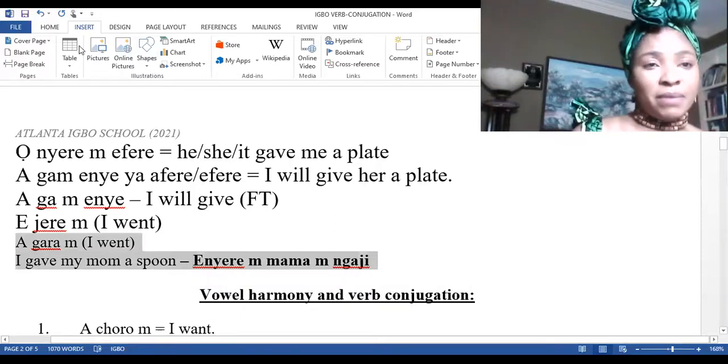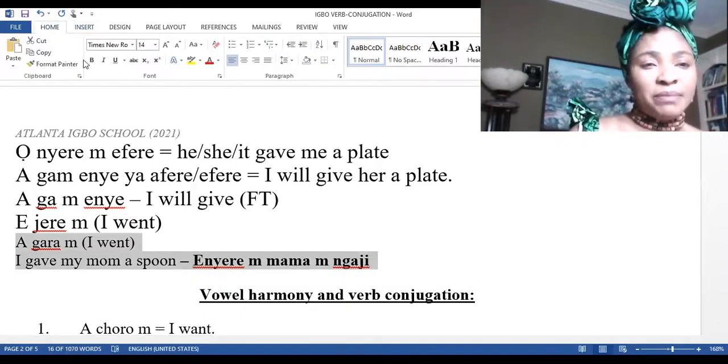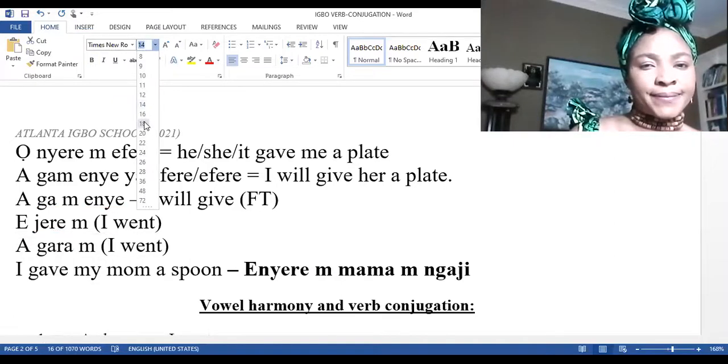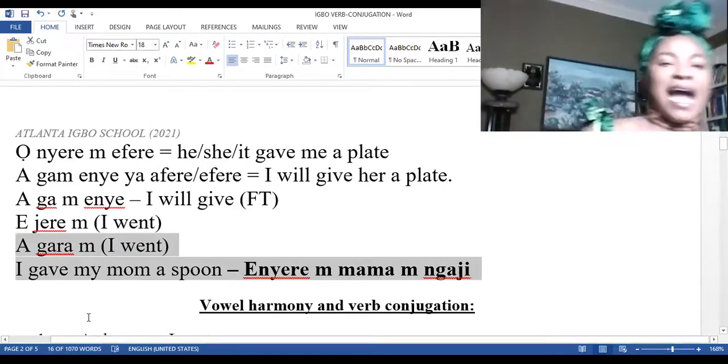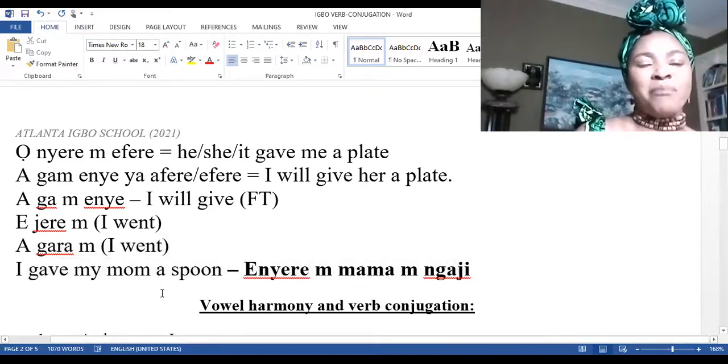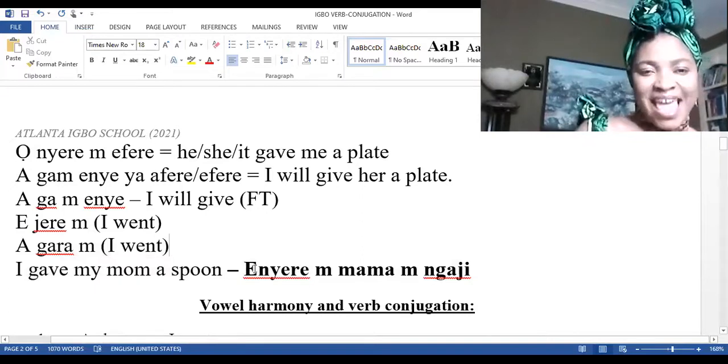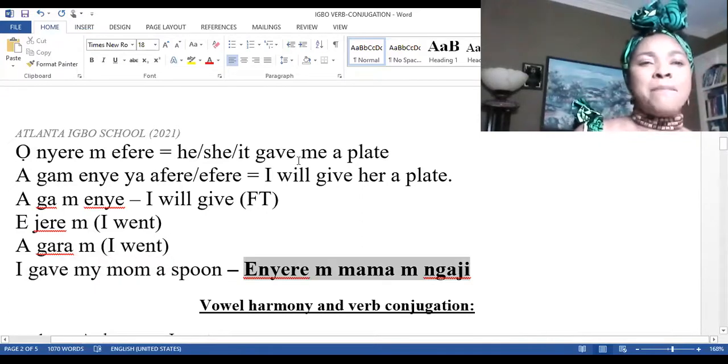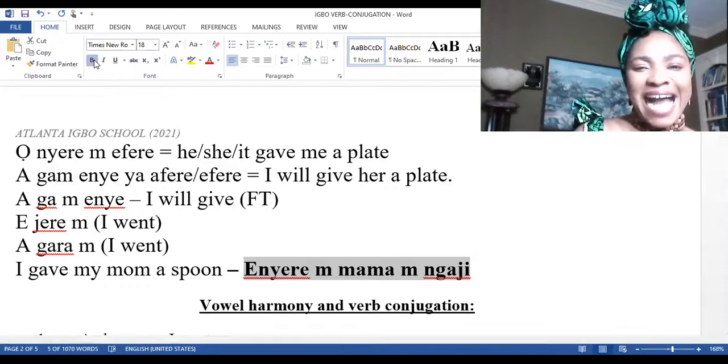Okay, agaram, I went. I gave my mom a spoon. Enyerem mamam ngaji.